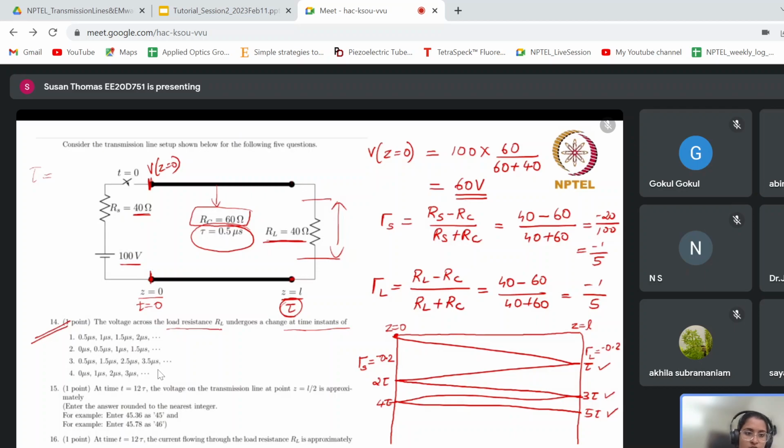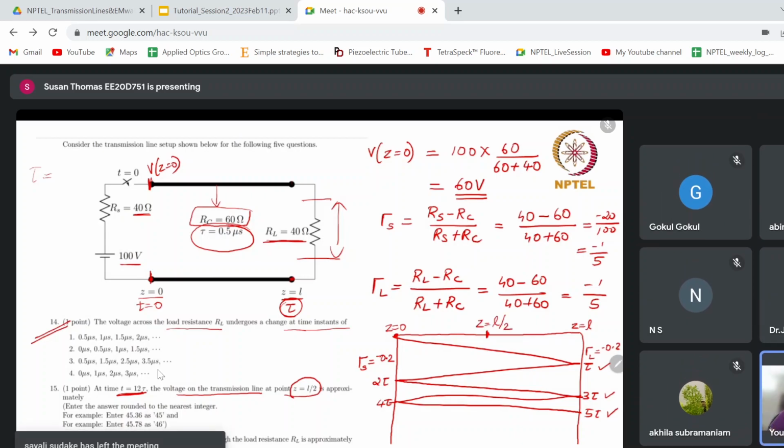Okay, let's move to the second part. The second part is: at time t equal to 12 tau, what is the voltage on the transmission line at the point z equal to L by 2? So where is z equal to L by 2? It's exactly at the middle of the transmission line. Now we need to find the voltage at time 12 tau.